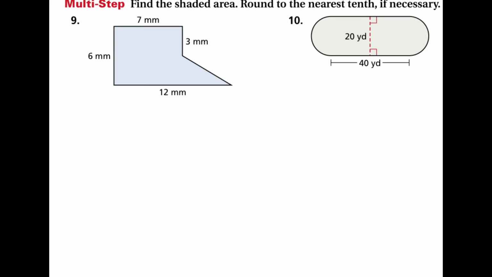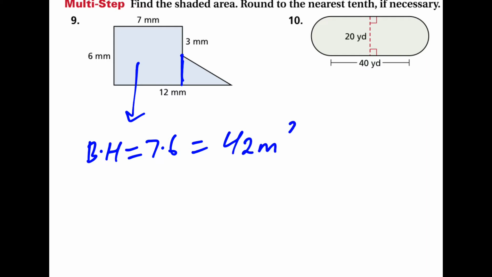Next up, number 9. We can divide this into, probably just right here, a rectangle and a triangle. That would be nice and simple. So this rectangle is going to be base times height, and the base and height are 7 and 6 millimeters. So our area there is going to be 42 millimeters squared.